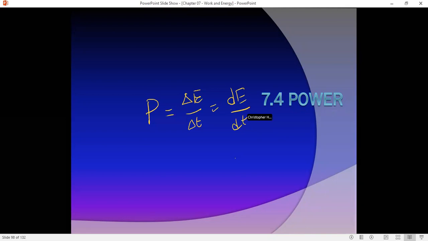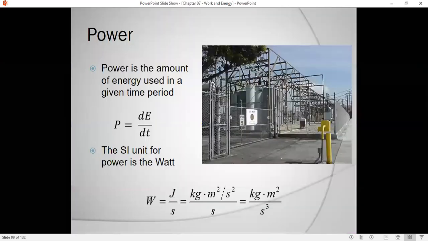But really, when you're thinking about power, energy is being transformed from one type of energy to another type of energy. And power tells you the rate at which this transformation is taking place, okay? So it's connecting a little bit to energy and time.